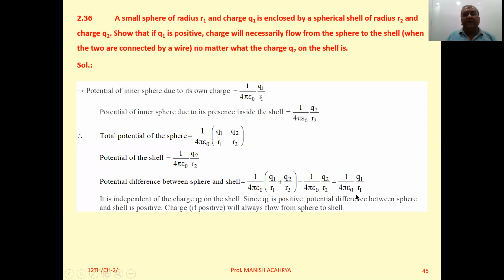And here we can observe that the potential at the surface of the inner one is greater than that of the outer one. So if these two are connected by a conducting wire, the charge will flow from inner to outer. Clear to all of you?